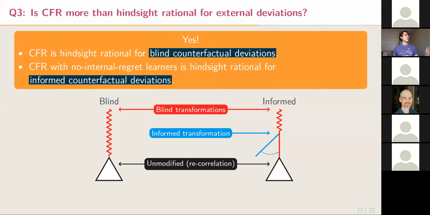And it's actually really simple to change CFR to target these deviations. All you need to do is switch the no external regret learners that CFR uses at every decision point, switch them out for no internal regret learners. This adds a little bit of computational cost, but it doesn't depend on the size of the game, so we're happy with that.